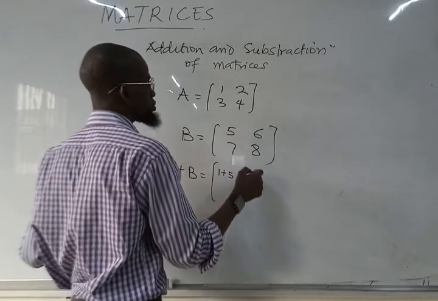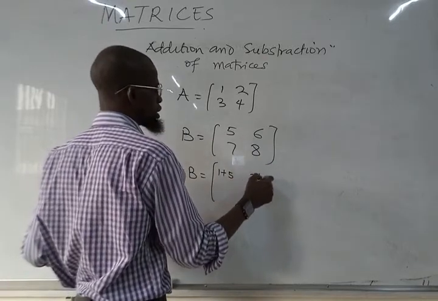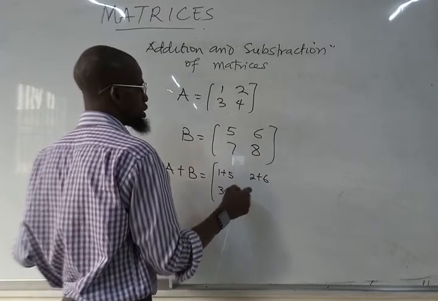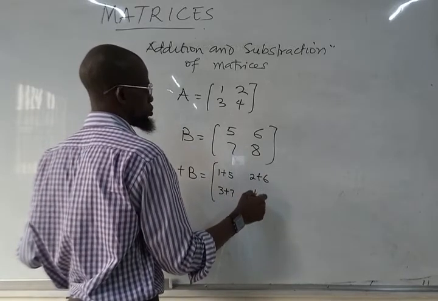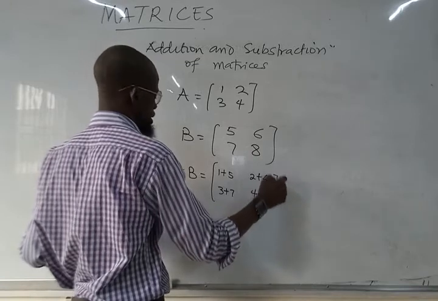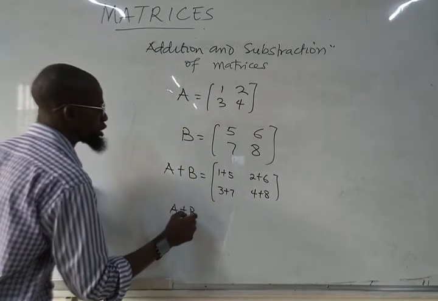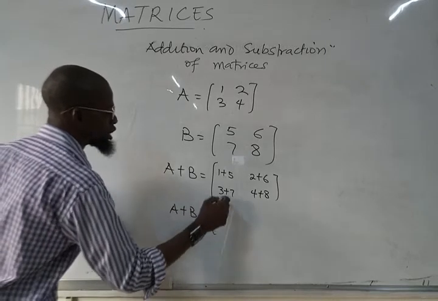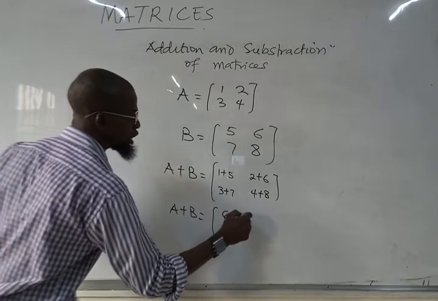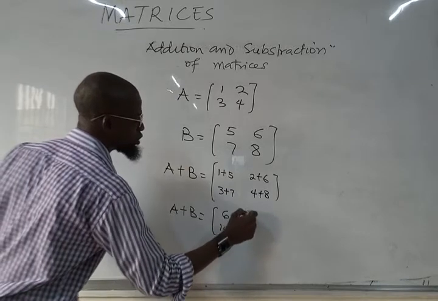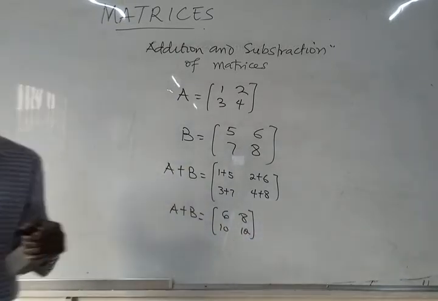Then we have 2 with 6, we have 3 with 7, and we have 4 with 8. So which means our A plus B matrix will give us 6, 8, 10, and 12 to form another matrix.